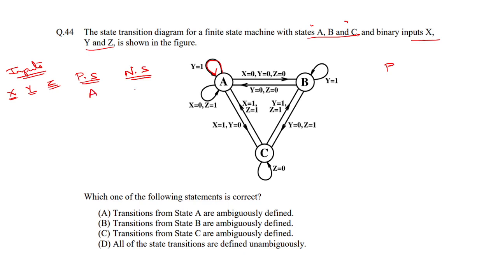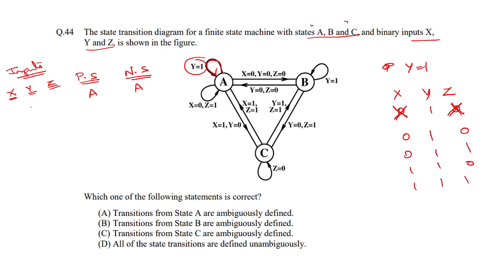So let's say you move from present state A to A. That means Y equal to 1, they are saying. What about X and Z? It can be anything, right? Don't care. That means 0 0, 0 1, 1 0, 1 1. Y will always be 1, but these can be anything.